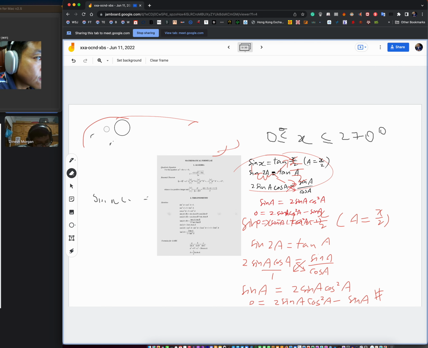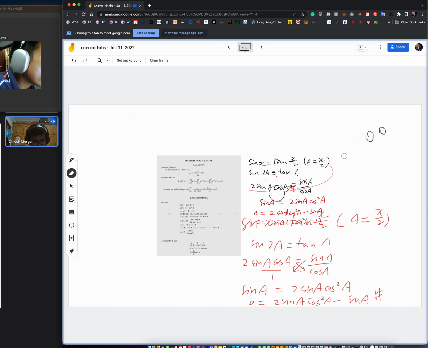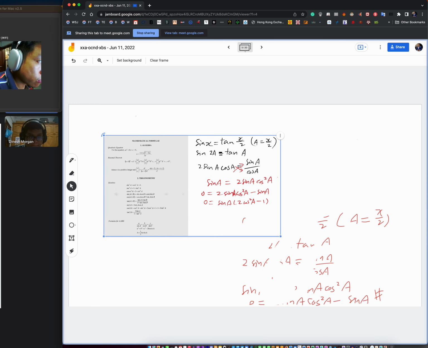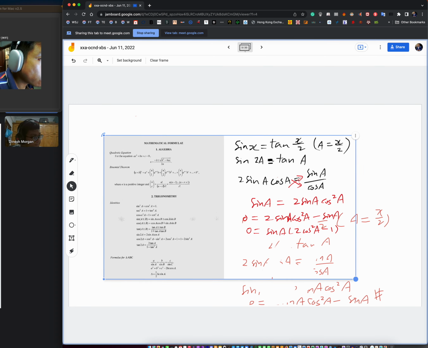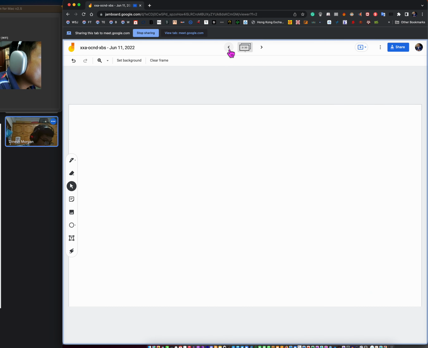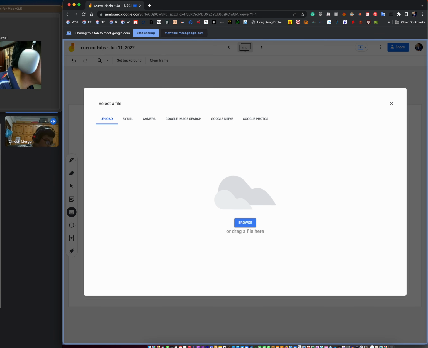Slide 5. So I'm trying to insert the formula to the slide 2.